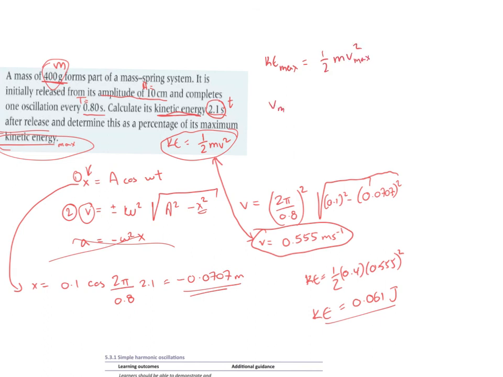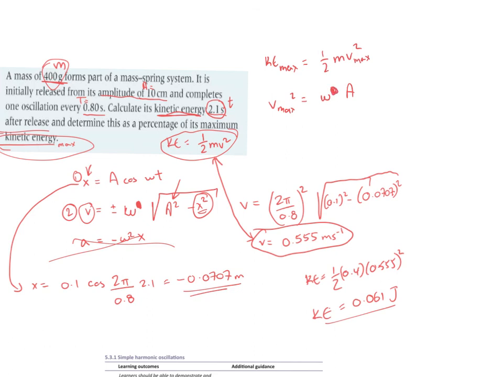And Vmax can be calculated using what we said already. If x is 0, that's the maximum speed, which leaves you with omega A. Or was it omega squared A? I think it's just omega. Yeah, it was just omega. Sorry, I do apologize for that. I should have looked at the equation again.